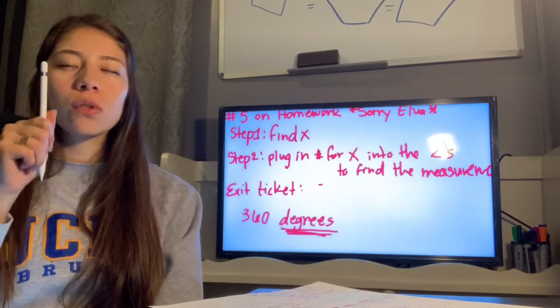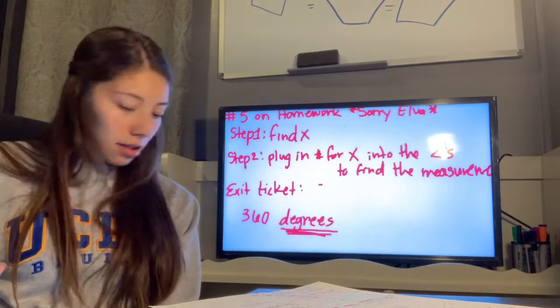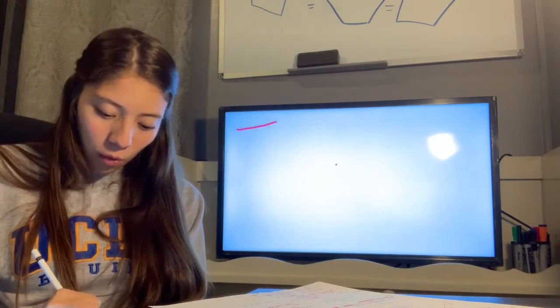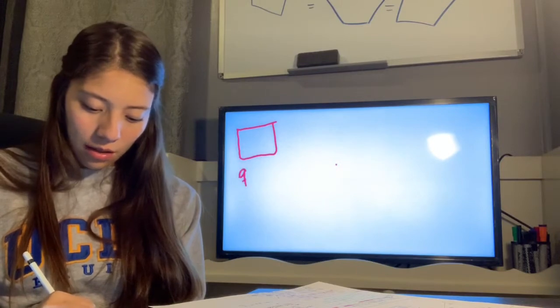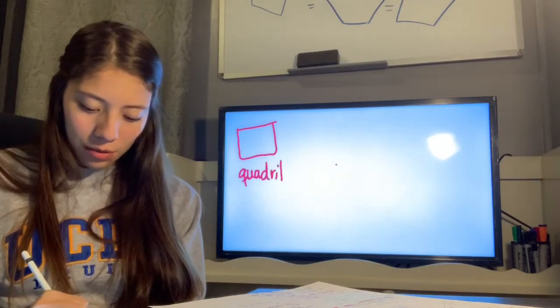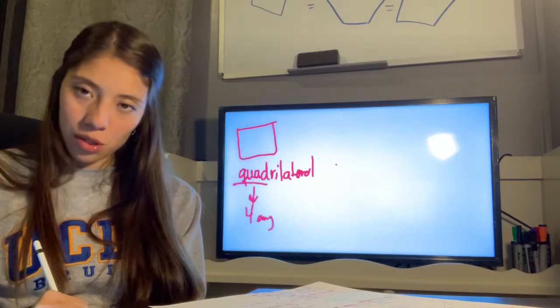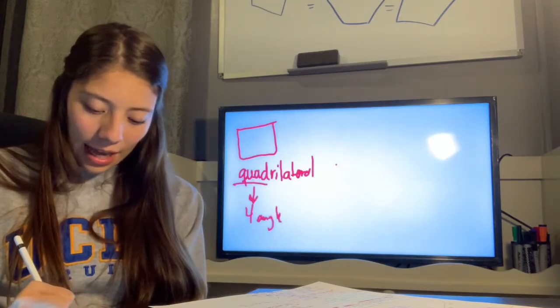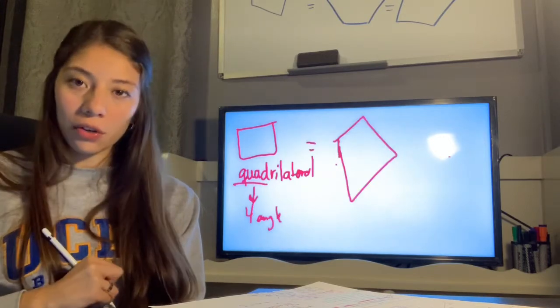And then I also want to establish right now, so I'm gonna go ahead and clear this, that I know that we only worked with squares, and that's a quadrilateral. Quad meaning 4 angles, right? Or just 4. Anything that has 4 angles is also considered a quadrilateral.